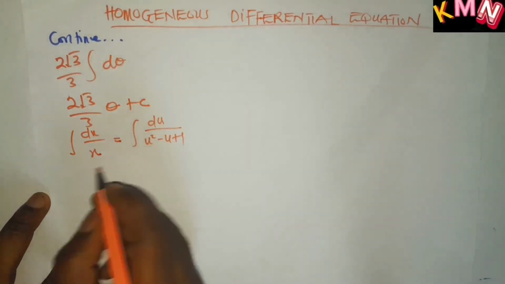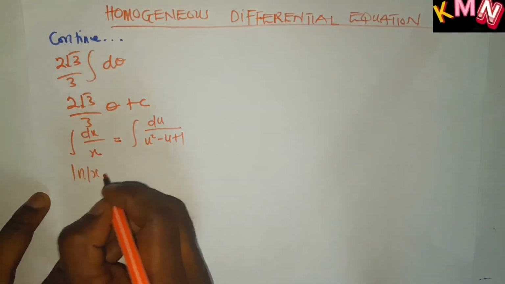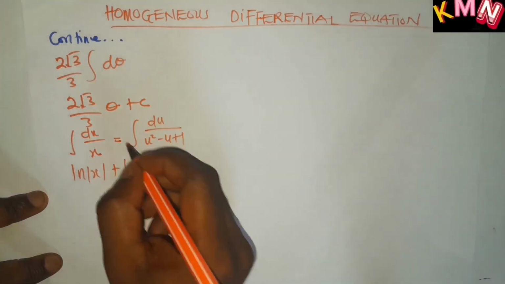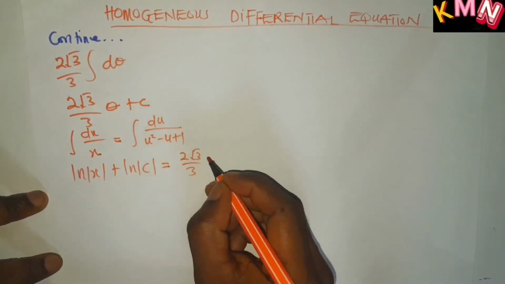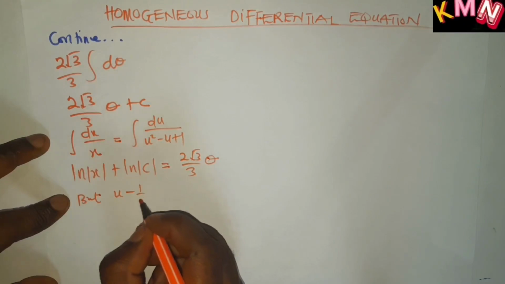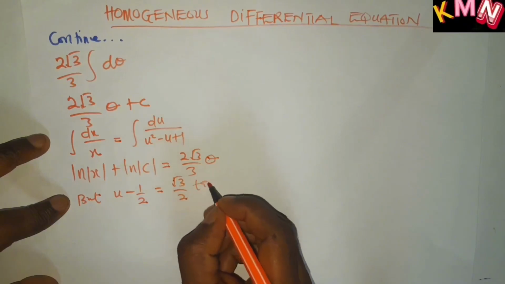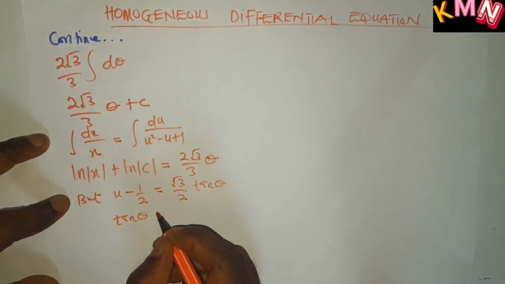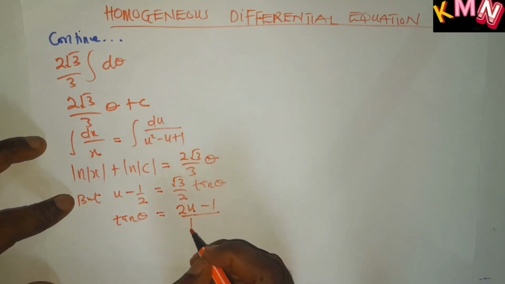So now our function becomes, the integral of this is what? ln x plus ln c equals, and then now the whole of this, we had 2 root 3 on 3 theta, but our u minus half equals root 3 on 2 tan theta, of which tan theta is going to be 2u minus 1 on root 3.